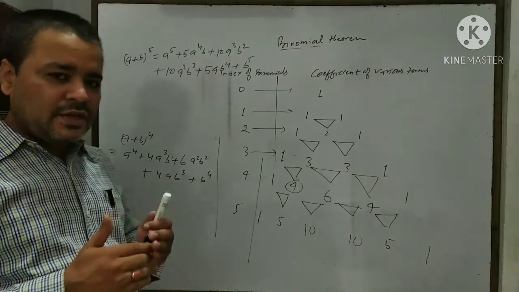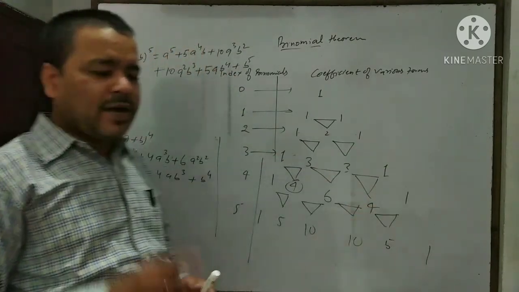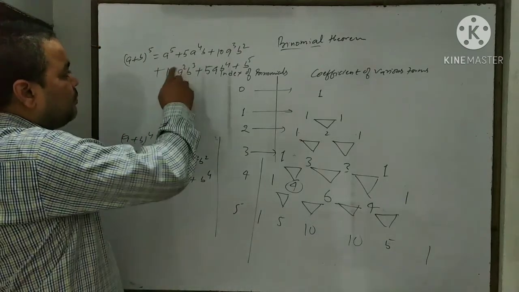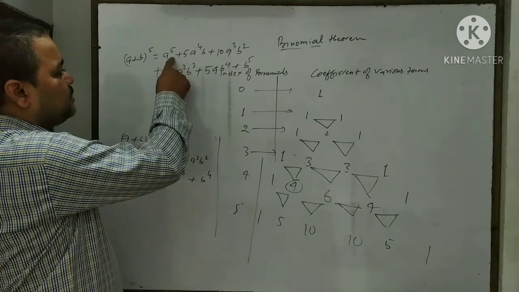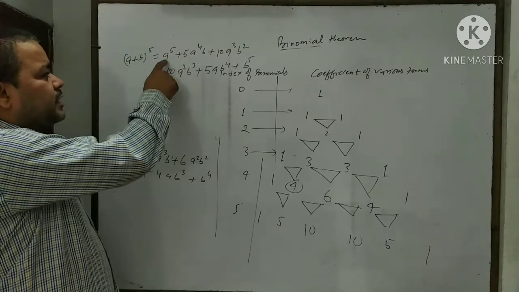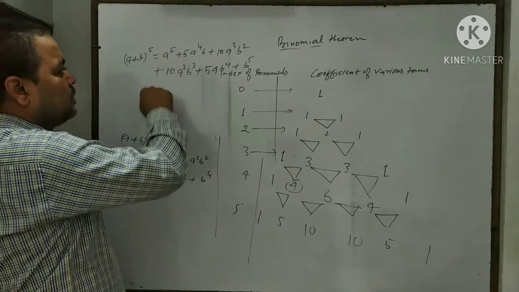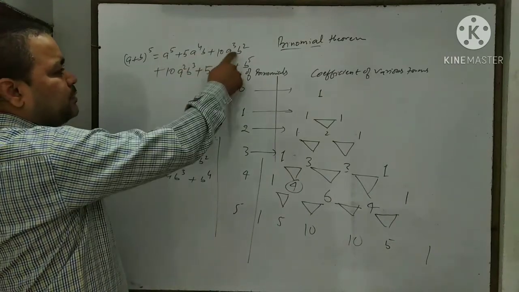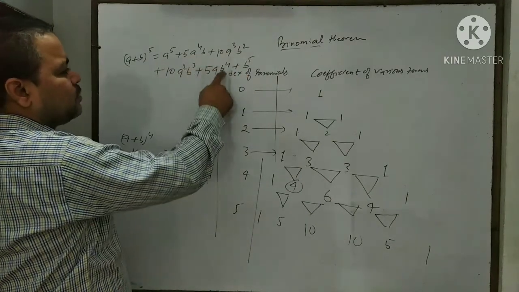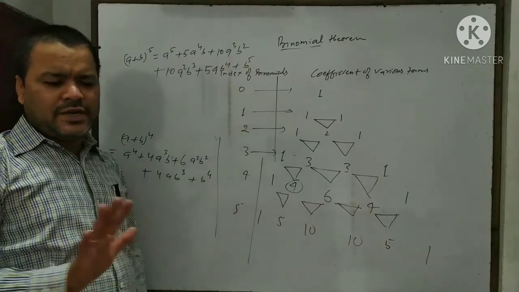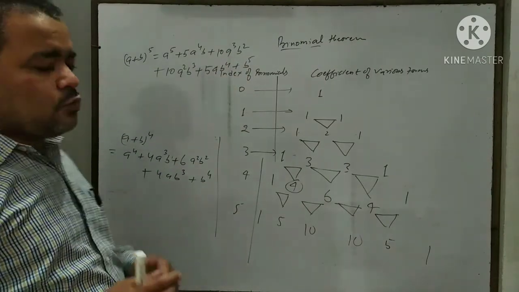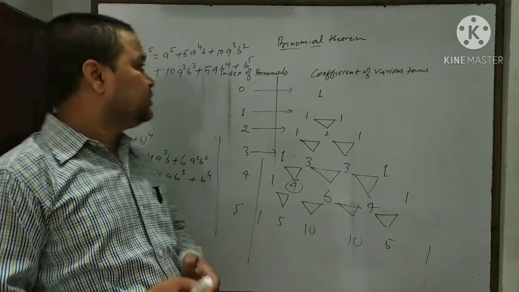The power of a is descending by 1 and the power of b is ascending. Here b raised to the power 0: we can write a raised to the power 5 into 1, and 1 can be written as b raised to the power 0, then b raised to the power 1, 2, 3, 4, 5.